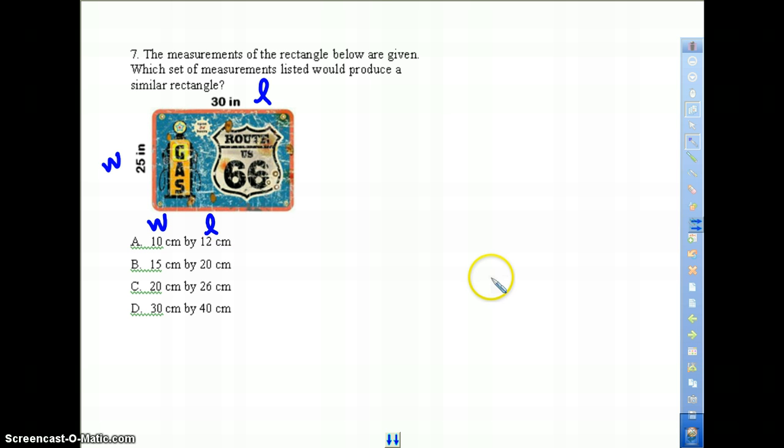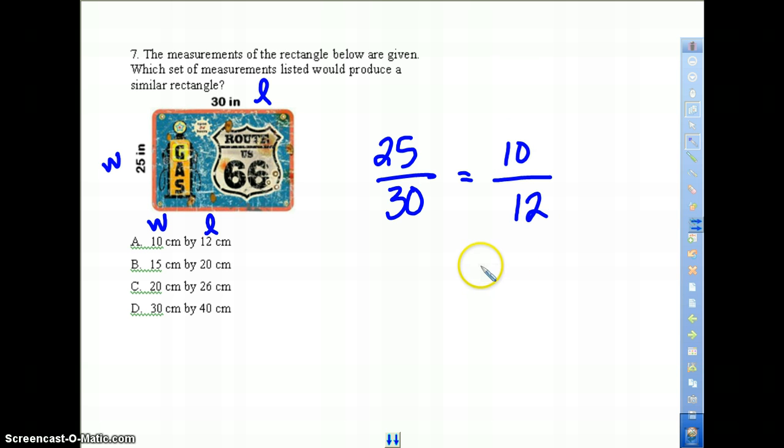You could use ratios, or set up proportions where you take the width of 25 and compare it to the length of 30 in the given, and see how that compares to a width of 10 to a length of 12. If they are similar, you're going to get similar ratios.